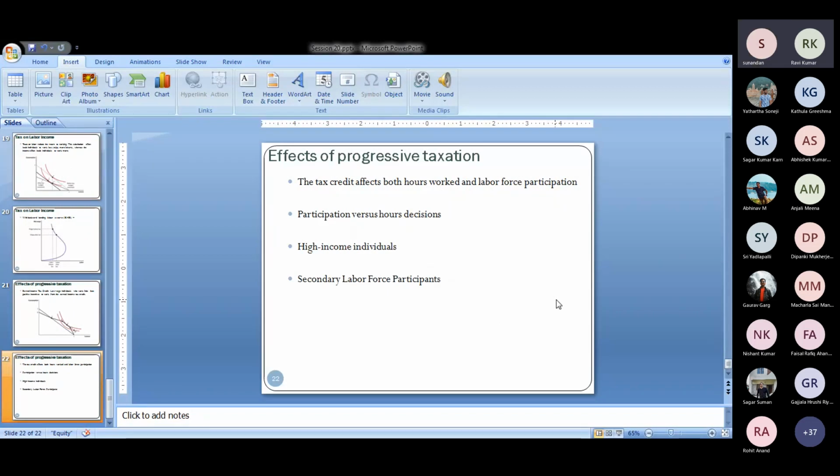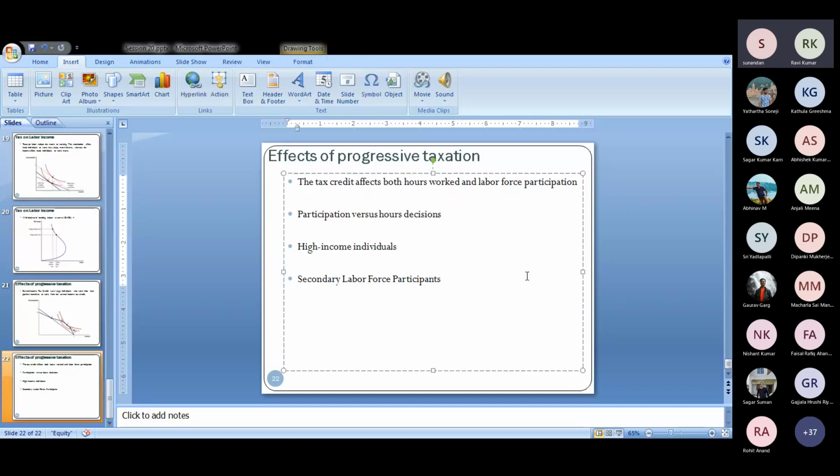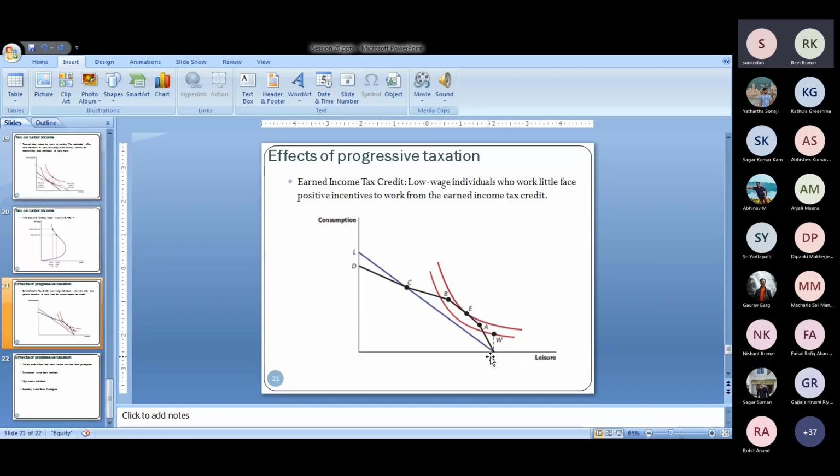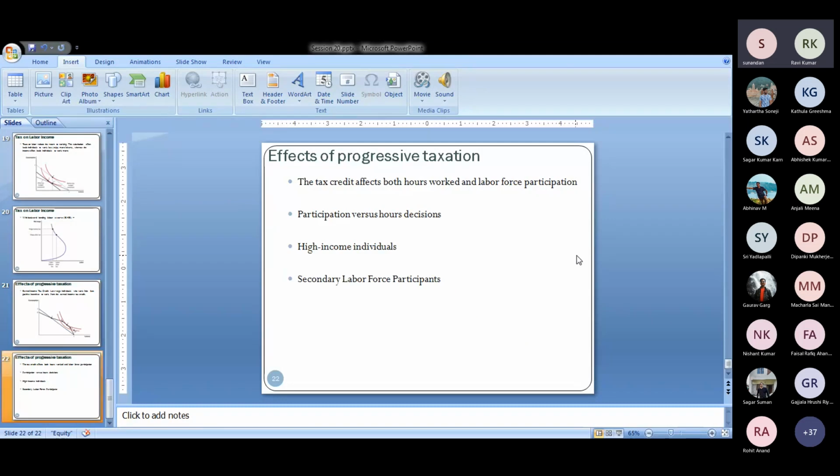Now, effects of this progressive taxation. So far in this last graph, we saw how many hours I put into work, right? Because it's a choice between labor and leisure. So here, a movement from L to A to B, B to C, C to D tells me the impact on how many hours I work. But it also decides whether to participate in the workforce or not.